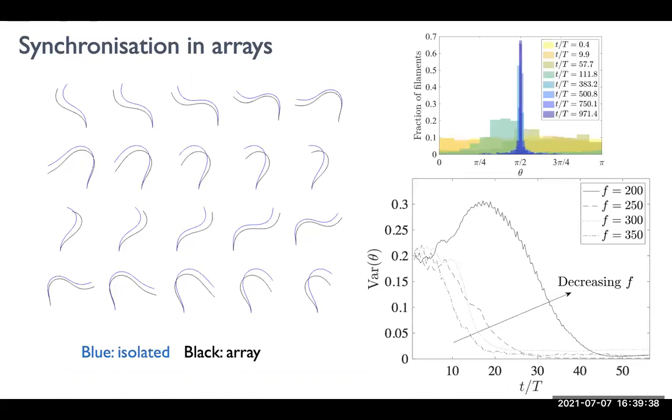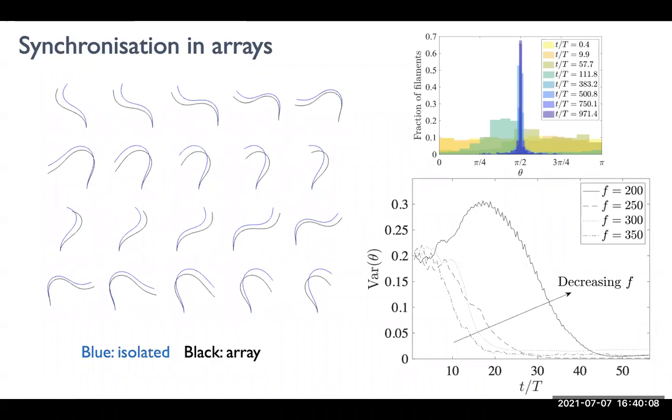So if we look at the synchronization in the array, there are a couple of things that are worth pointing out. One is that you saw that a lot of the beating, at least towards the center, away from the edges, remained planar. If you look at what's happening at the level of the individuals, the black filaments here are what occurs at the center of the array, and the blue is what would occur for the isolated filament.